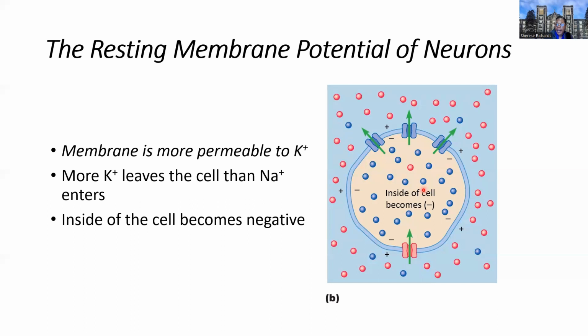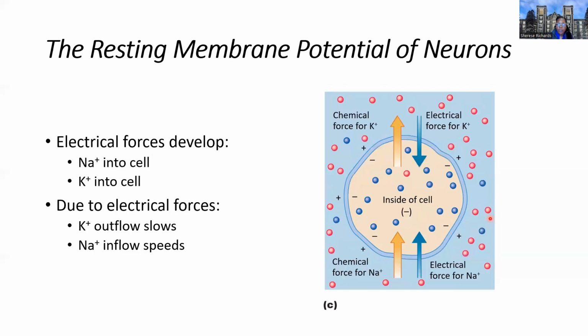So now we have a negative environment on the inside of our cell, and a positive environment outside. And now we can begin to think about the realistic electrical force that is acting on both of the particles.